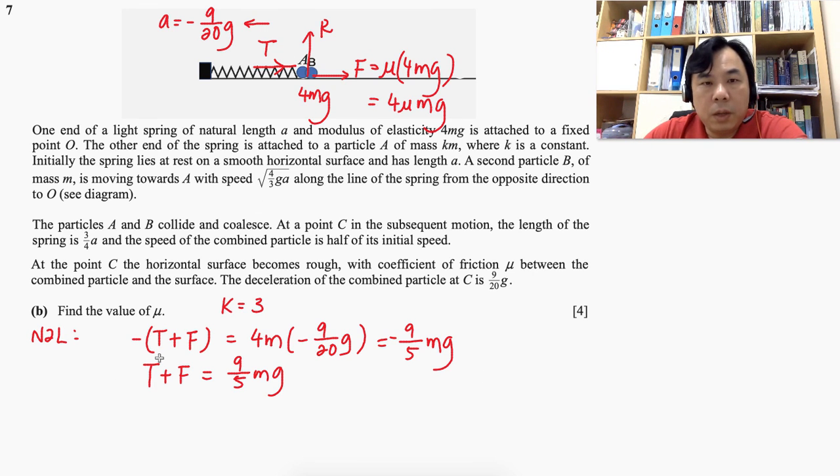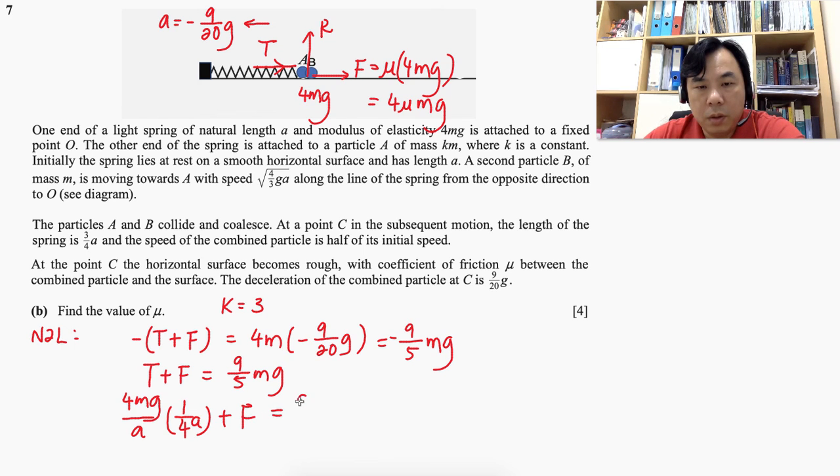All right, and then tension. Now tension is given by 4 mg over a. Now it has compressed a quarter, so the tension will be a quarter here, plus the frictional force will be equal to this.